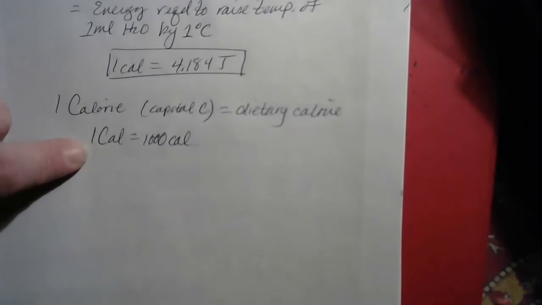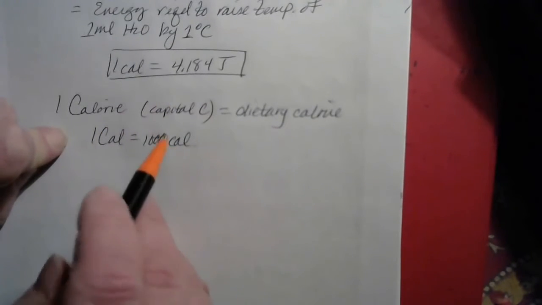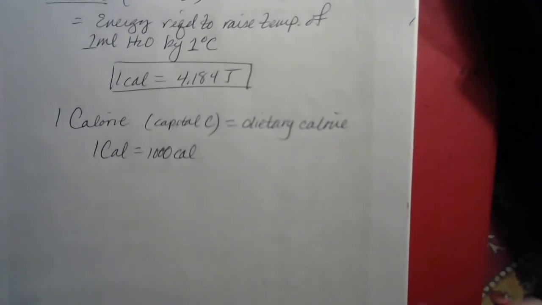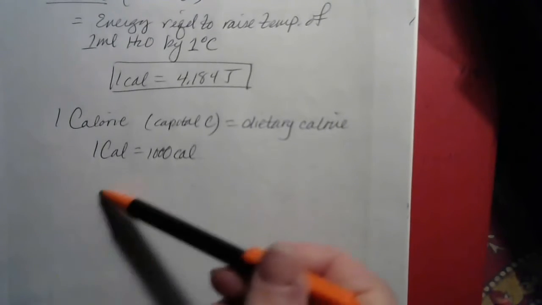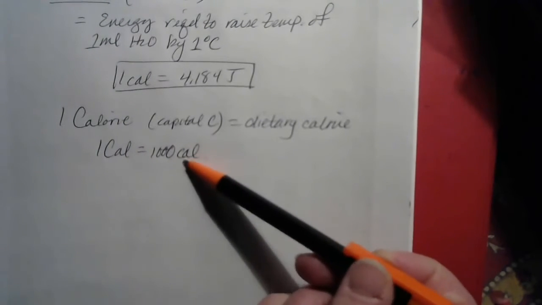And the reason they did this is just because using the regular scientific calorie for foods would end up with huge numbers on the packages. So, a can of Coke that might have 150 calories with a capital C would have 150,000 calories with a small c.